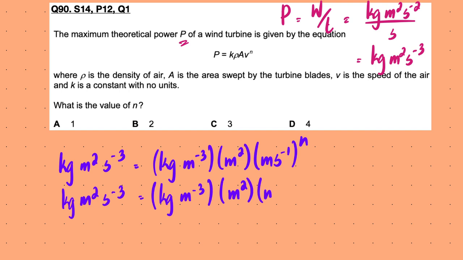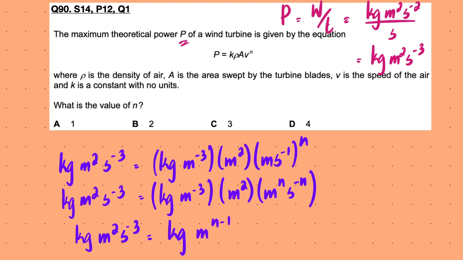So this becomes m to the n, s to the negative n, and you might have also noticed that rho A V^n is pretty much the same thing as what was there in the previous question. Kg remains kg. Again, m minus 3 plus 2 is minus 1, plus n makes it n minus 1, and this is s minus n.